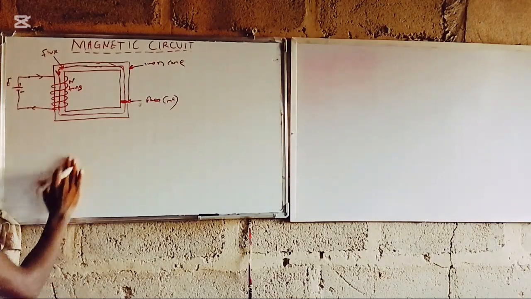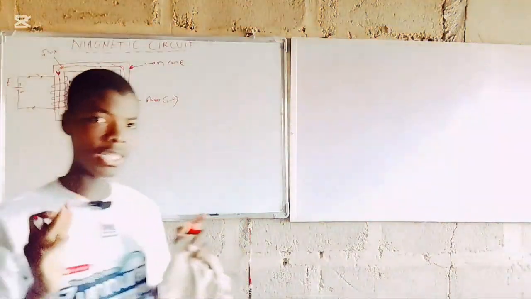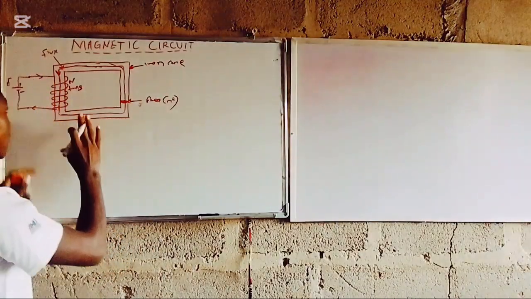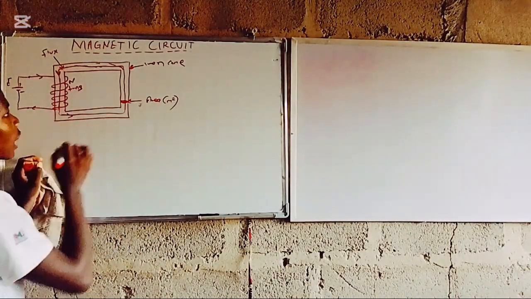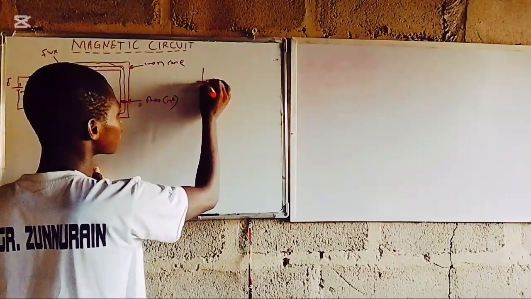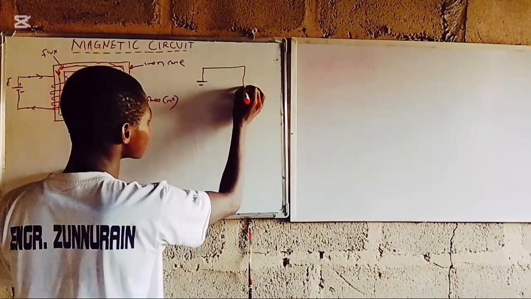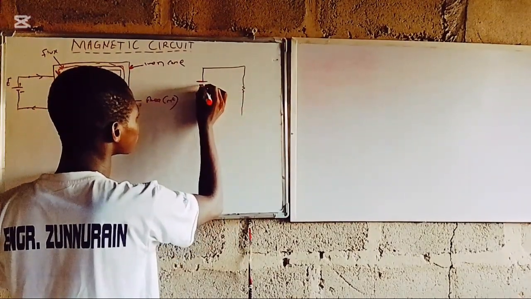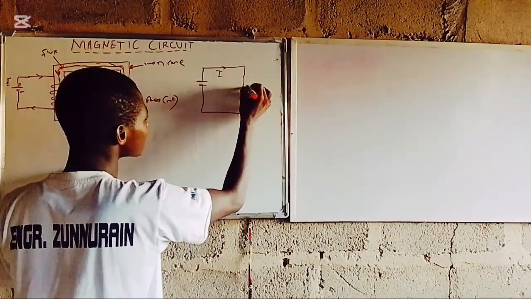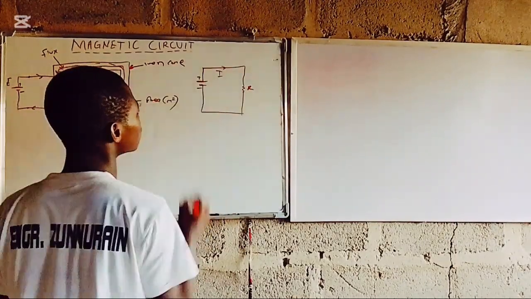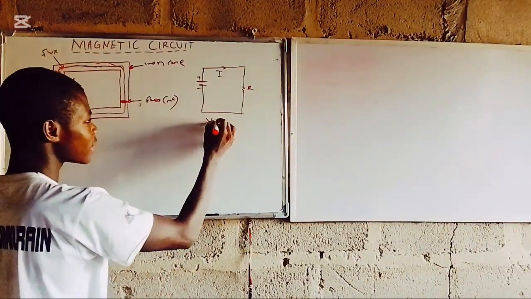So the difference between an electric circuit and a magnetic circuit is, in a magnetic circuit, the flux is flowing, and in an electric circuit it's something like this. Current is flowing, and this is the resistance. So just like V equals IR.